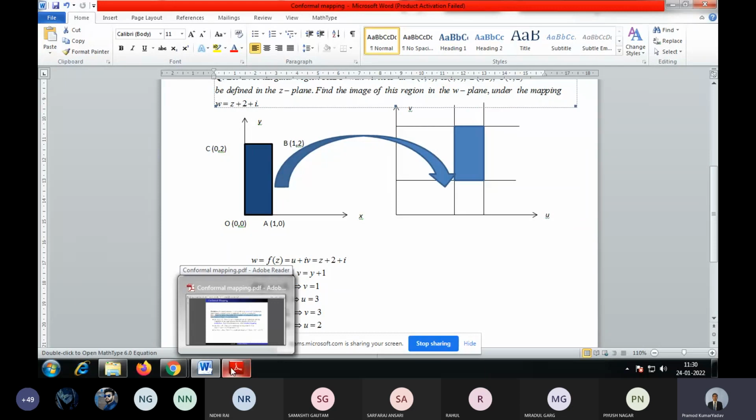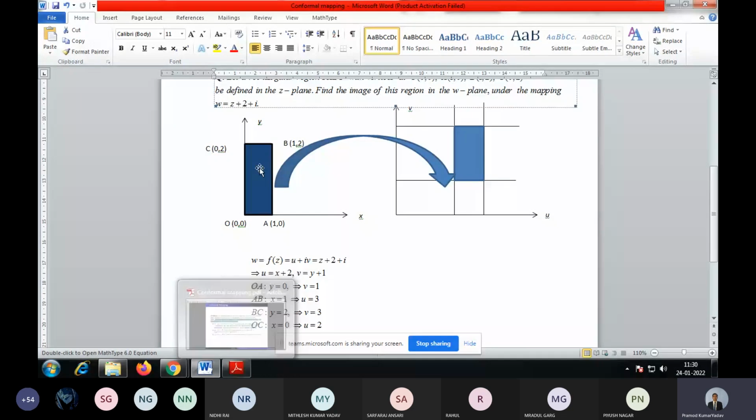Mukesh Kumar. Mithilesh. Yes, sir. Mithilesh, this function z plus 2 plus i, is it analytic or not? Yes, Mithilesh. Is z plus 2 plus i an analytic function?